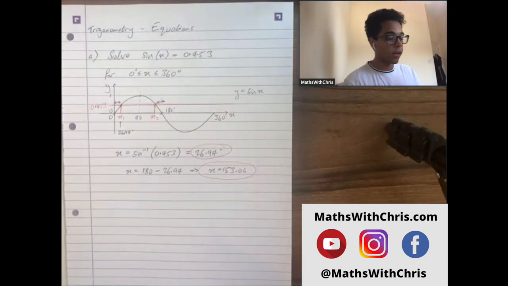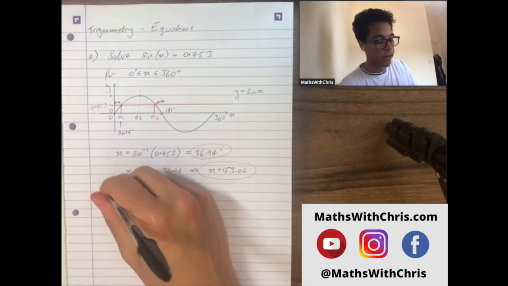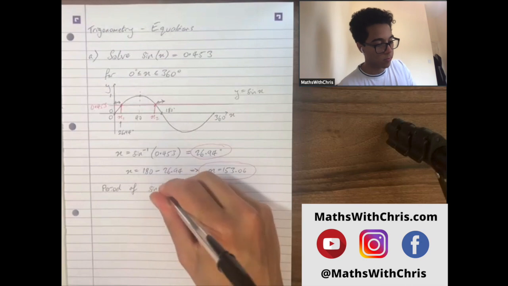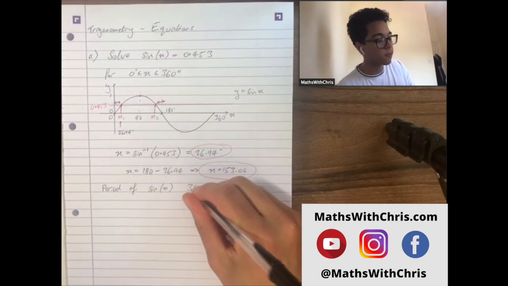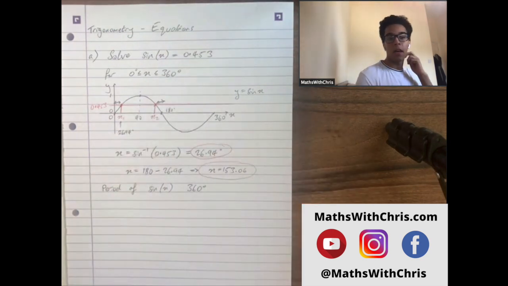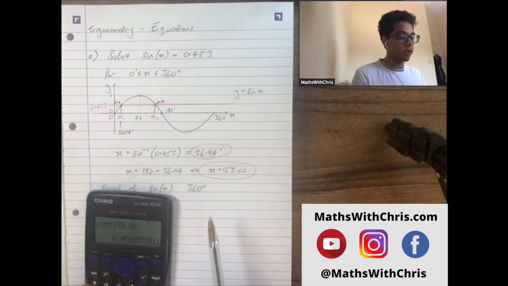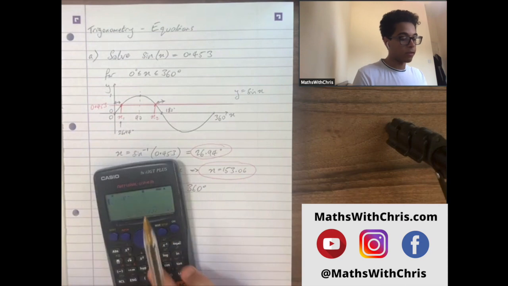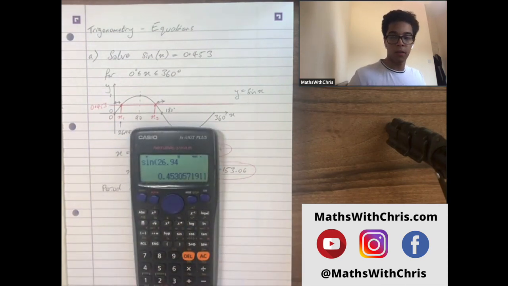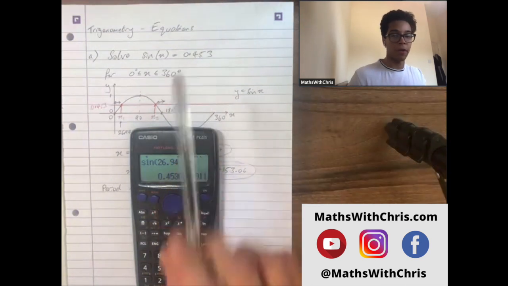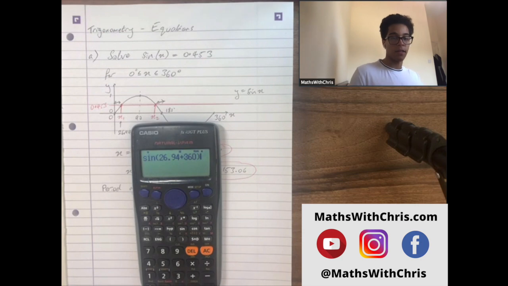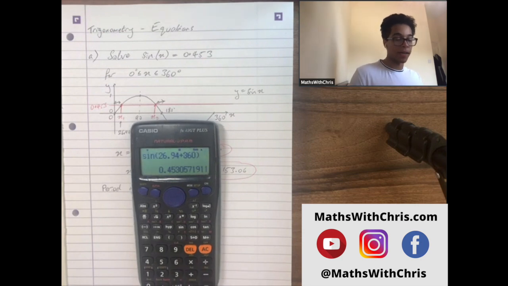One thing I was also saying earlier is that the period of sine is 360 degrees. So that's saying that this repeats itself every 360. So let's say we do sine of 26.94, which gives us 0.453. We can add on 360 to that inside, and we get the same thing.